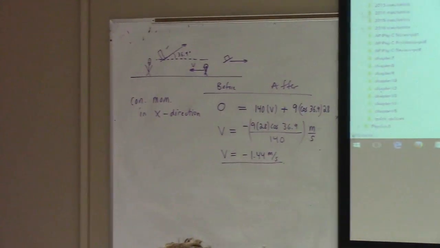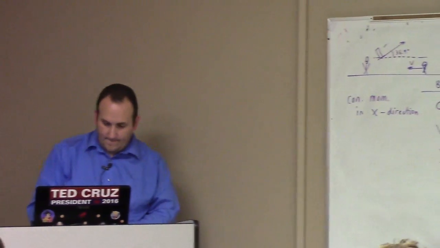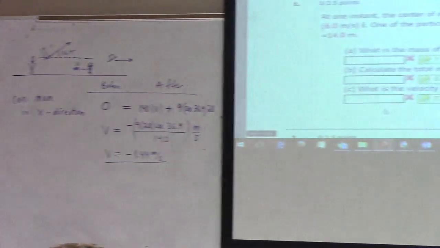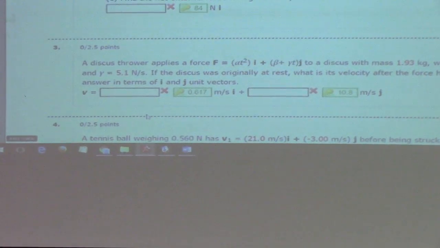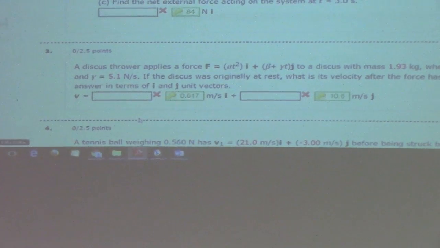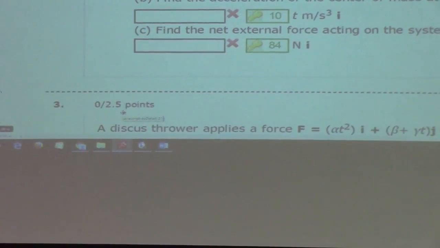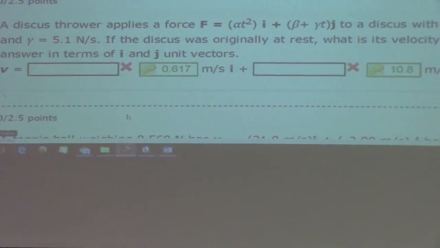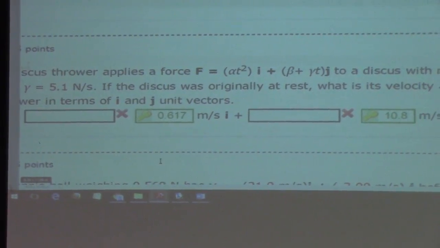Where are we? Homework 9. Which one? Math. Phooey.